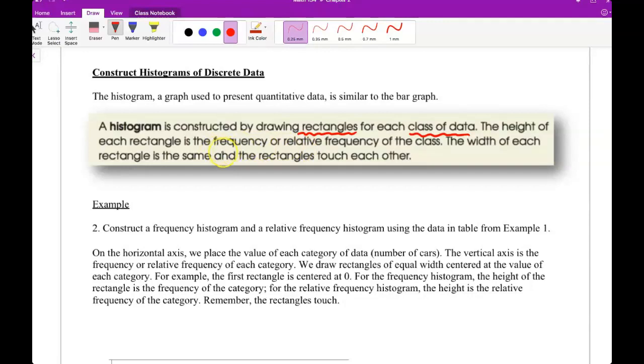If it's asking us to construct a frequency histogram, the height is based on the frequency. If it's asking for relative frequency, our height is based on the numbers that we have for relative frequency. So we have height, frequency or relative frequency of the class. Then the width of each rectangle is the same, and the rectangles touch each other.